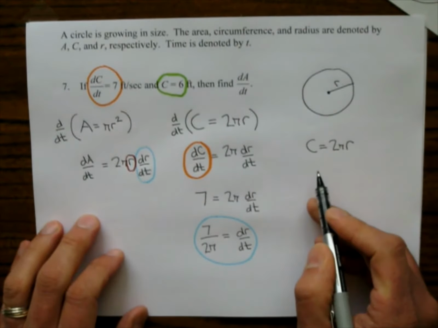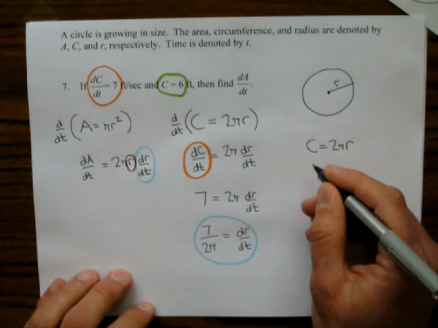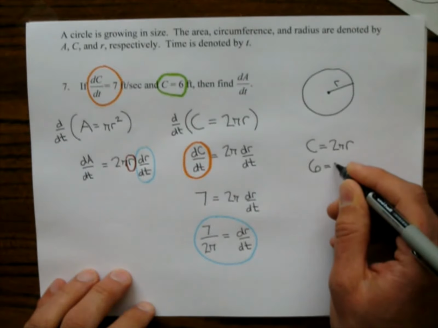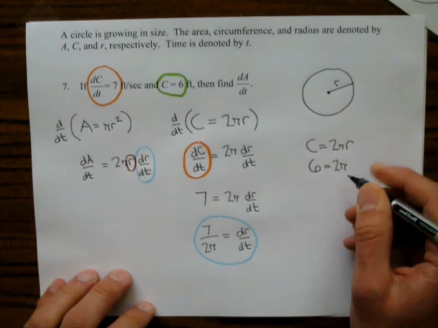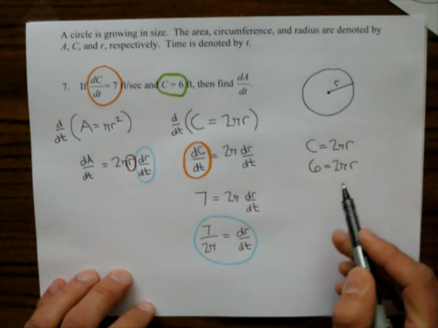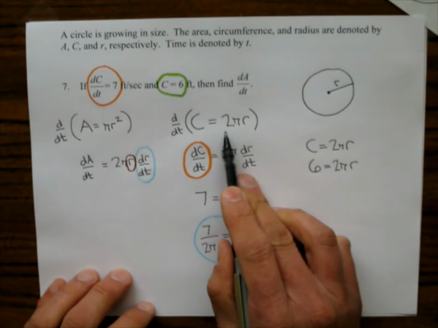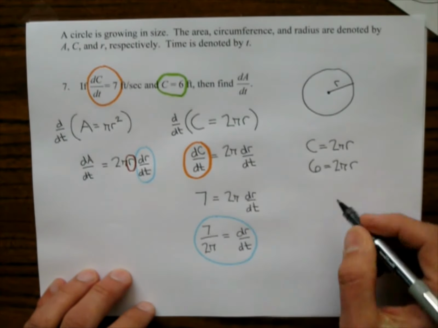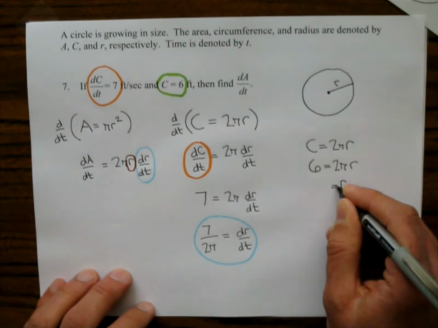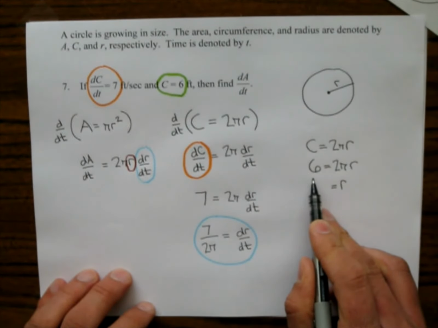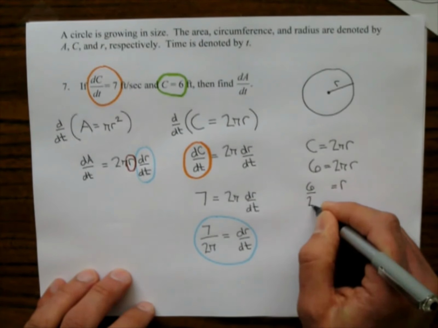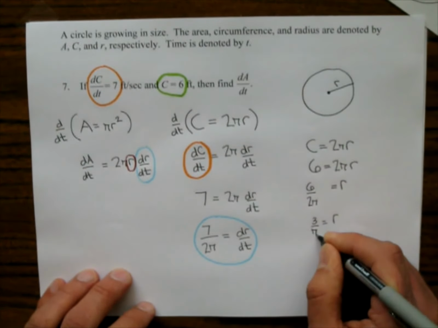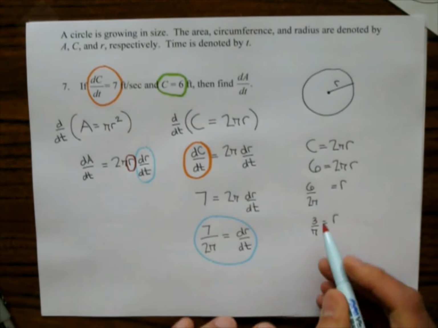We know the circumference at that time is 6. 6 equals 2 pi times r. So this is just by plugging the circumference into this equation, circumference equals 2 pi radius. So it looks like my radius is going to equal 6 over 2 pi. Radius equals 3 over pi. And so there we have that.